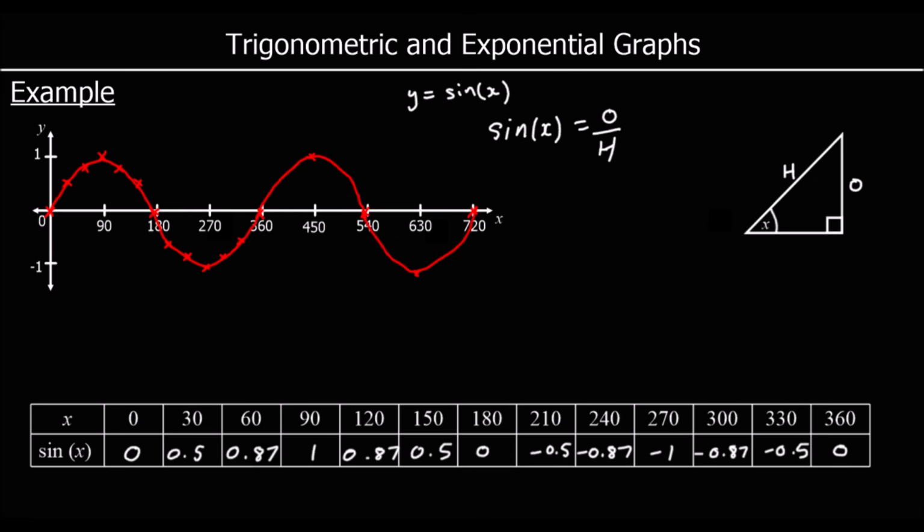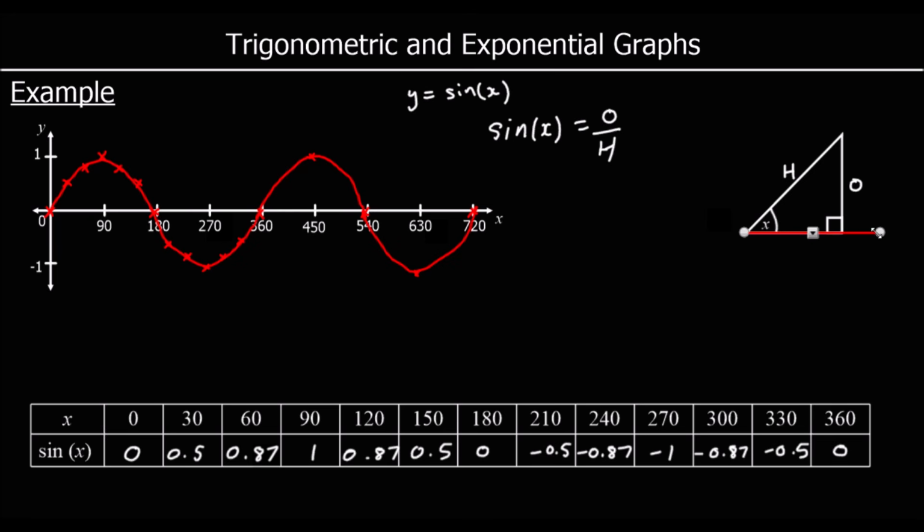So if you imagine that we've got a hypotenuse here, and we shrunk it down, so the angle became really small, the opposite would become smaller, so the opposite over the hypotenuse would be really small, and it will go all the way down to 0 when we've got a straight line here.